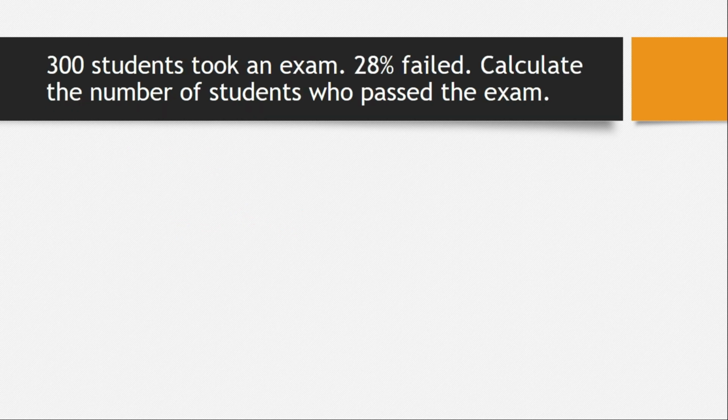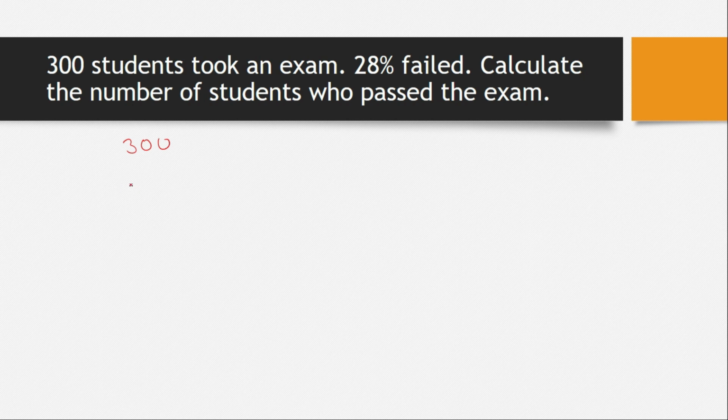Next is 300 students took an exam, 28% failed. Calculate the number of students who passed the exam. So what is the total number of students in the exam? 300. What is the percentage of students who failed? That is 28%.